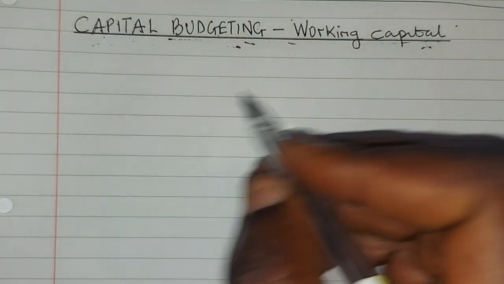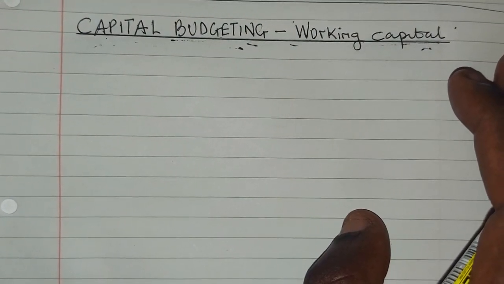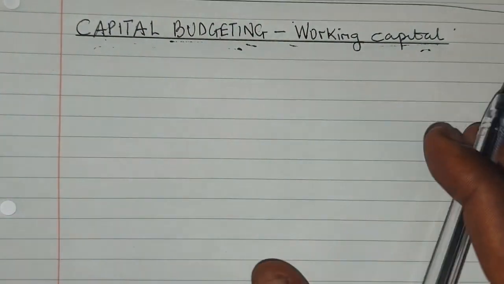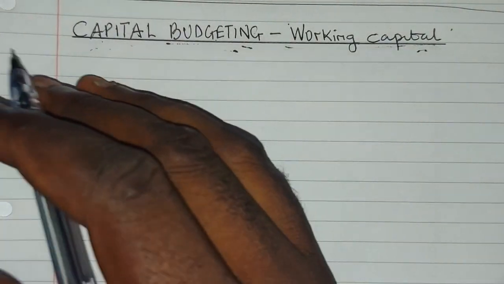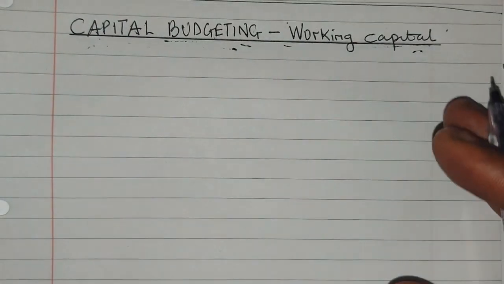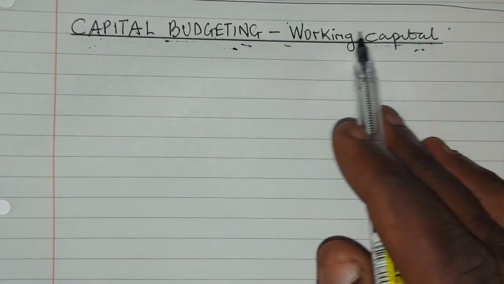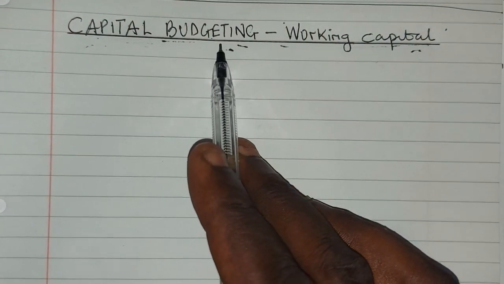So working capital, like I said, is the finance that is needed to fund the project. For example, to buy raw materials, you will need cash to pay salaries and other running costs. All right. Now, how do you treat working capital when it comes to capital budgeting?